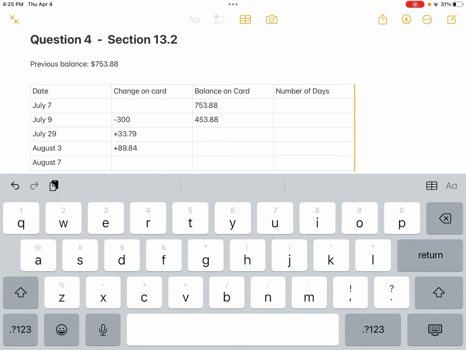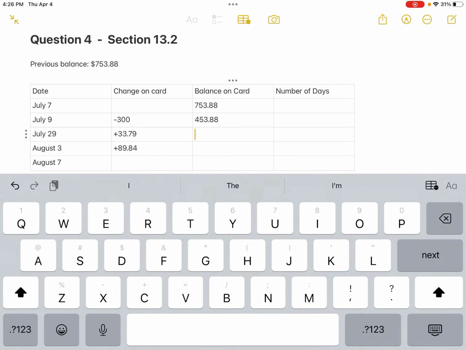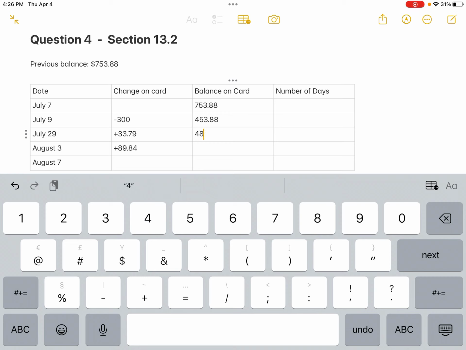Then you made a $33.79 purchase to buy lunch. So we're going to add $33.79 to that balance. You can see that I have whether I'm subtracting or adding there. We add $33.79 and we come up with 487.67.